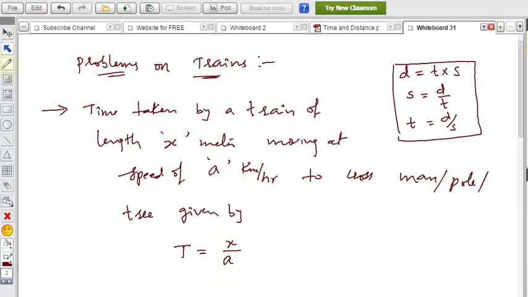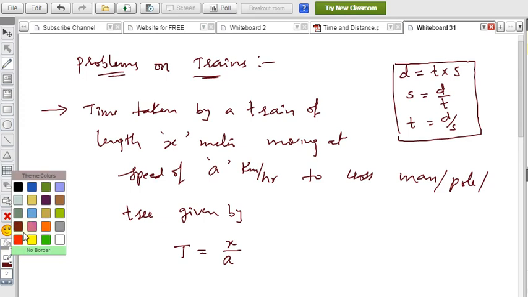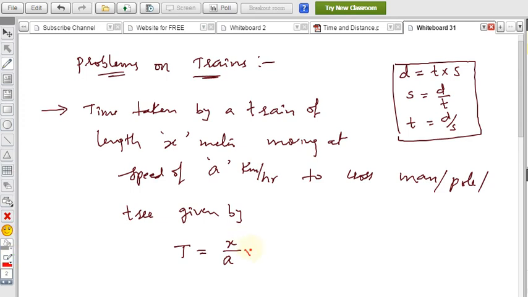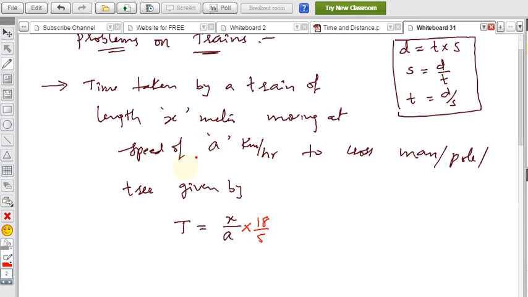Normally we should multiply with 5 by 18 to convert, but if it is in the denominator, it becomes 18 by 5. So t is equal to x by a into 18 by 5, because speed is in the denominator place. That's why I multiplied with 18 by 5. Just remember that.